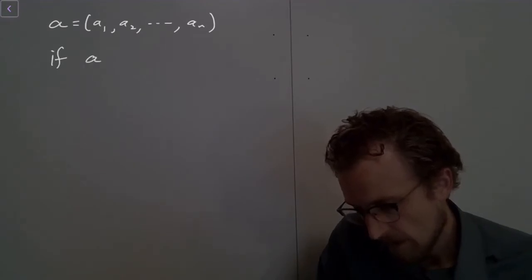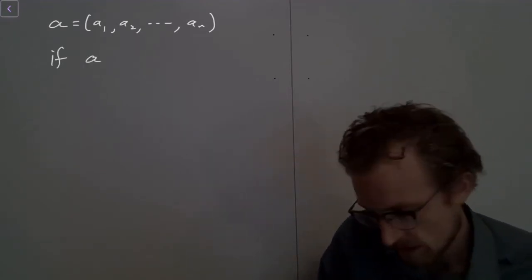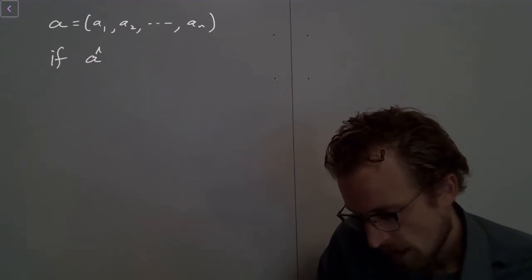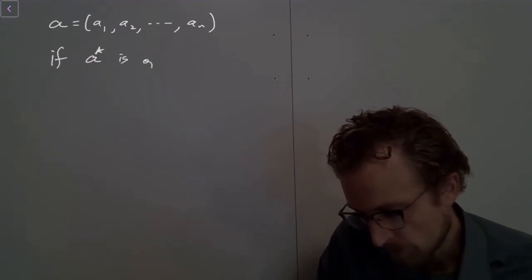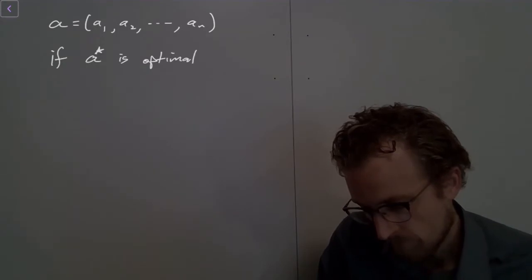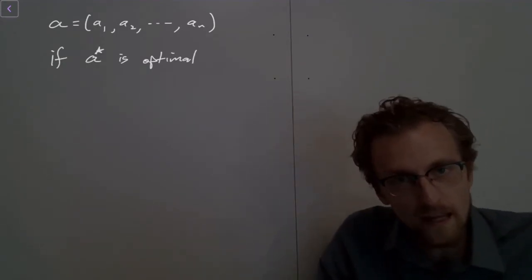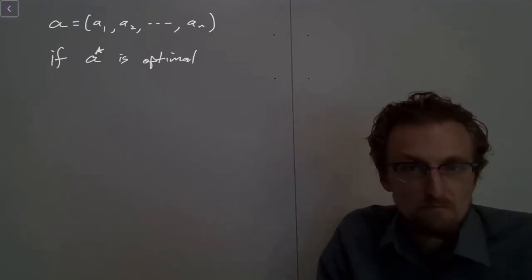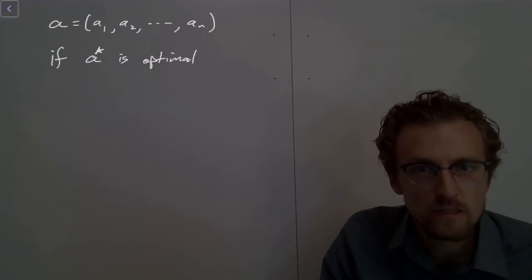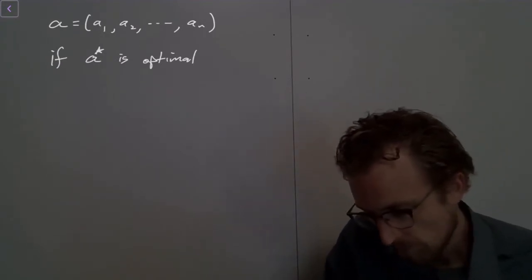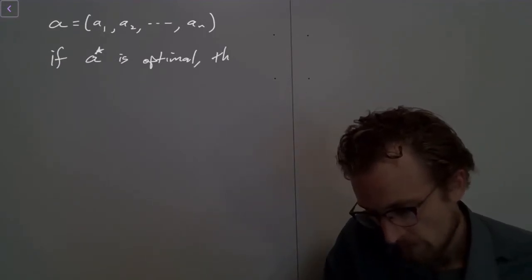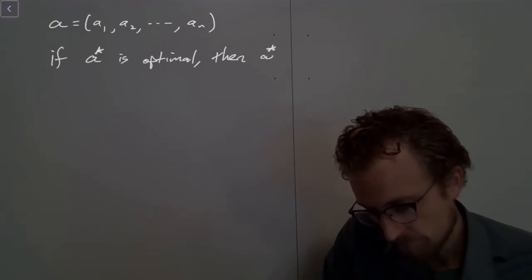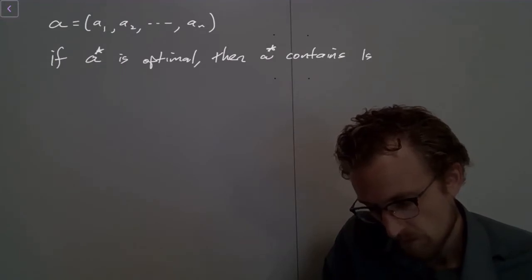If some solution A star is optimal, then it contains the first greedy choice. What do I mean by the first greedy choice? I mean the first thing that the greedy algorithm decided to do.